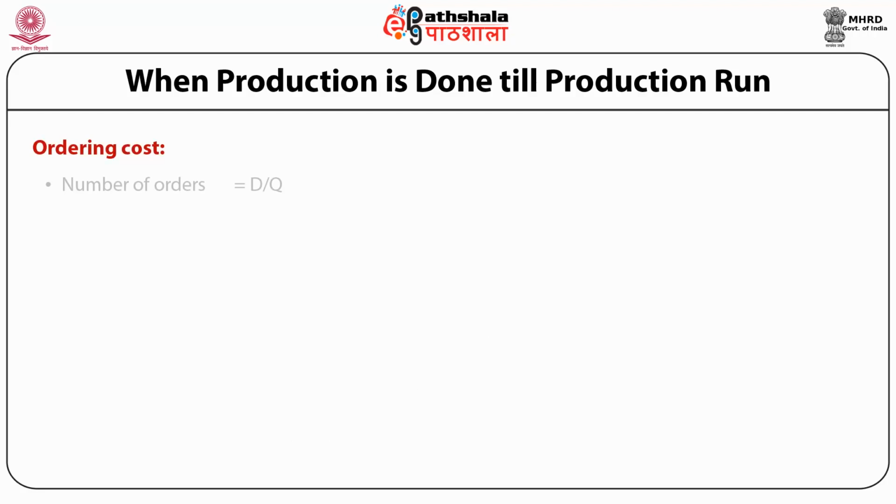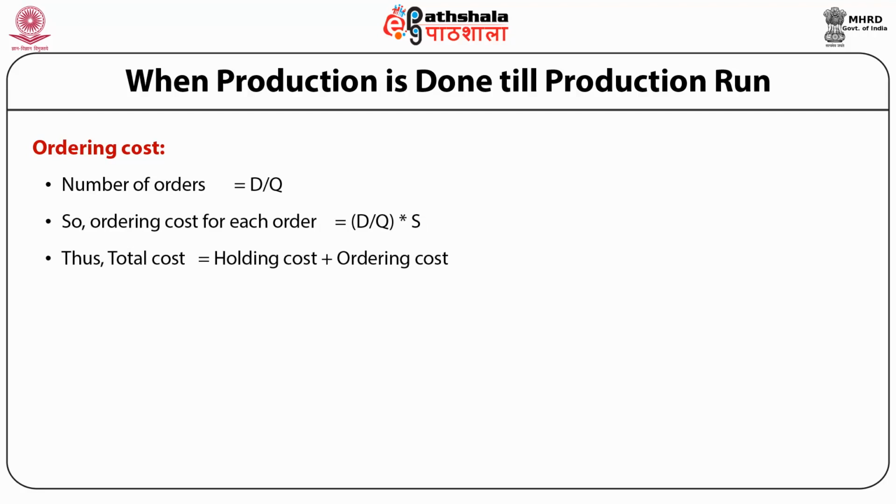Ordering cost. Number of orders equals D upon Q. So ordering cost equals D upon Q into S. Thus, total cost equals holding cost plus ordering cost.